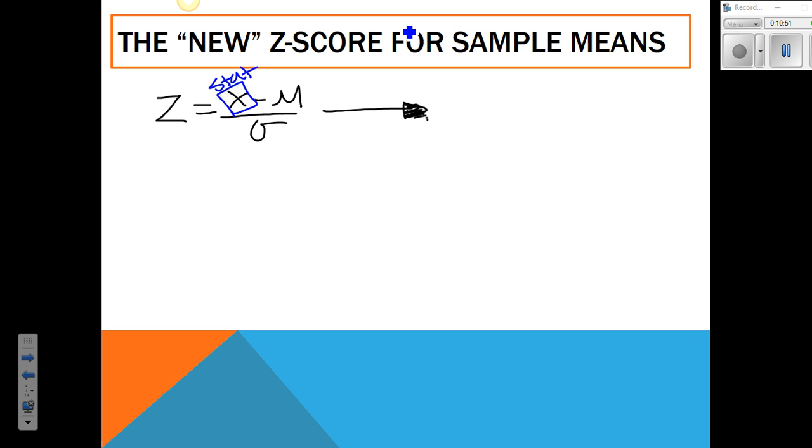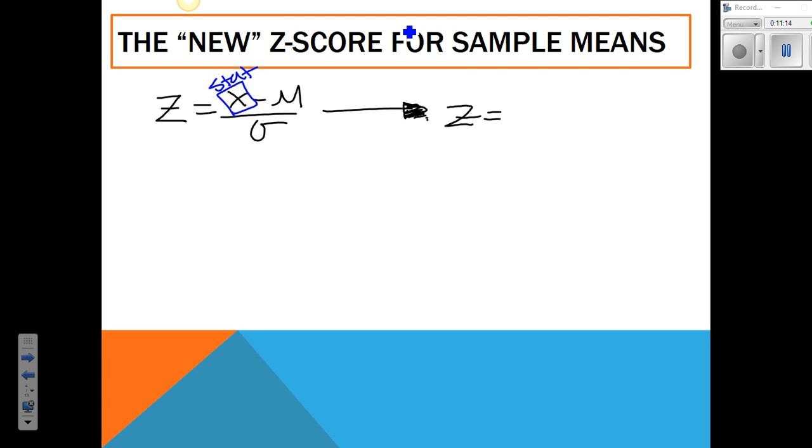In our old z-score, that is not a statistic. That's just a single observation. Our new z-score is not going to be talking about a single observation. It's going to be talking about the average of like 20 observations or like 70 observations instead of just a single observation.